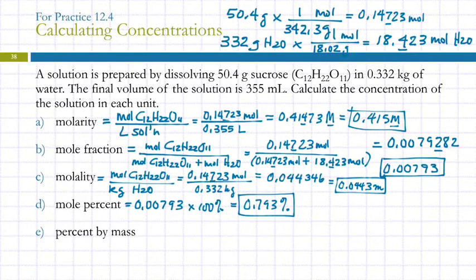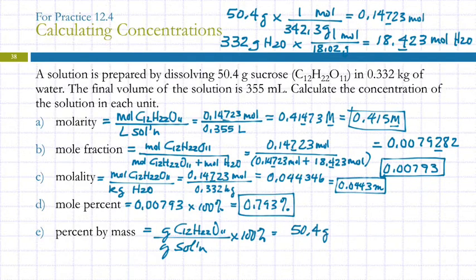And the last one on here, percent by mass. So this would be grams of solute divided by grams of solution times 100%. So we've got 50.4 grams of sucrose. What's the mass of the solution? We were given the mass of the solute and the solvent.